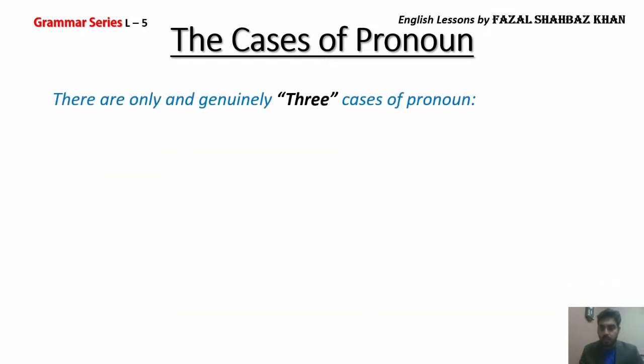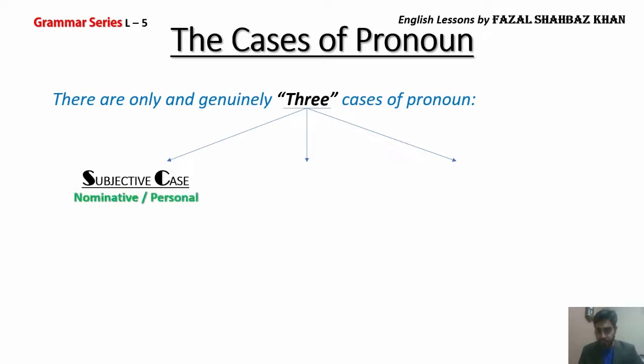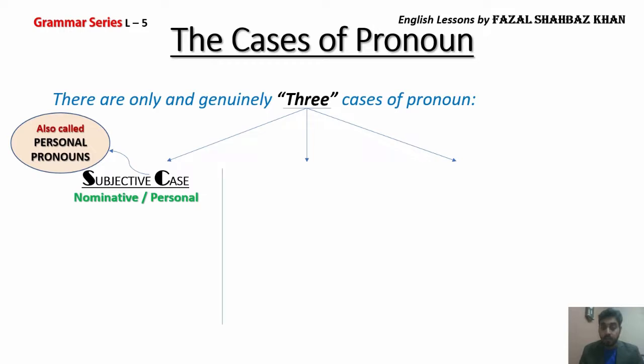As you can see, there are generally only three cases of pronoun: first, second and third. The first of which is subjective case, which in other words is called nominative case, as well as personal case. When it is called personal case, its elements actually become personal pronouns. Then we have objective case, which in other words is called accusative case as well.